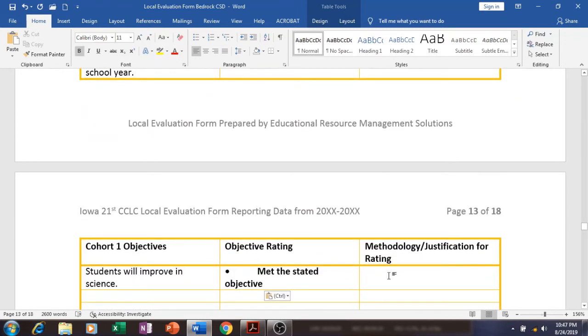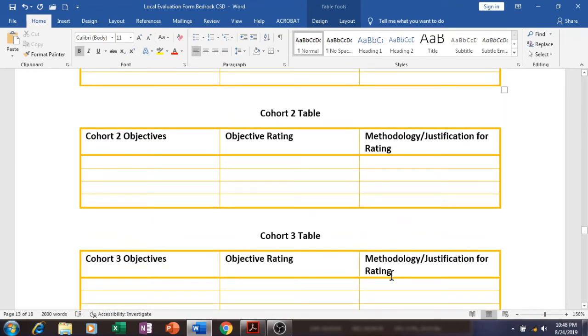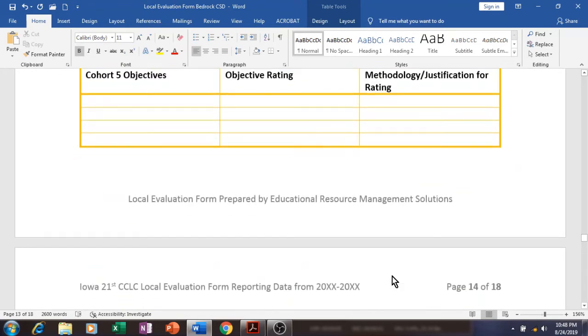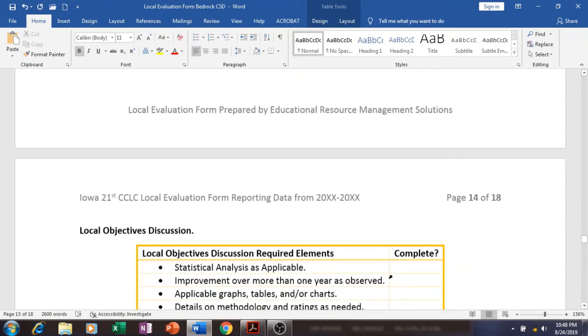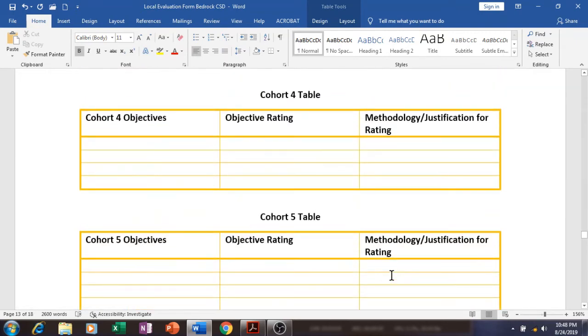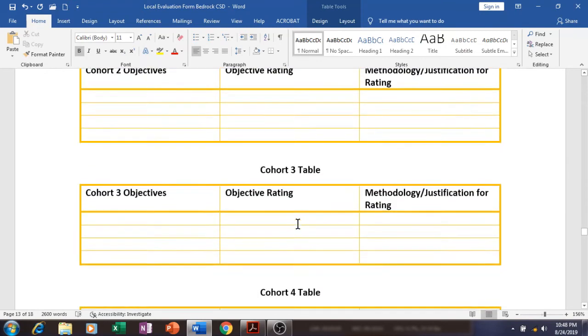You have to explain how you measured it and what the justification was. So that's what you do on filling out these tables. It's very important. And as I stated earlier, in video 6, we'll explain what to do to change your objectives for the next year so they will be measurable.